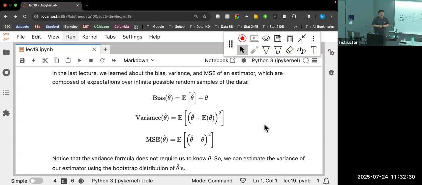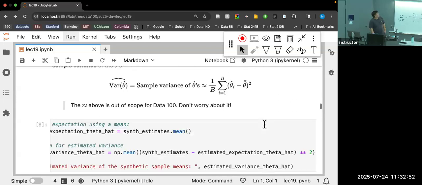But since we have our bootstrap samples, we can use that to estimate these quantities that we can only compute with the knowledge of the population. Because your bootstrap acts like 10,000 samples from the population, which is quite nice.